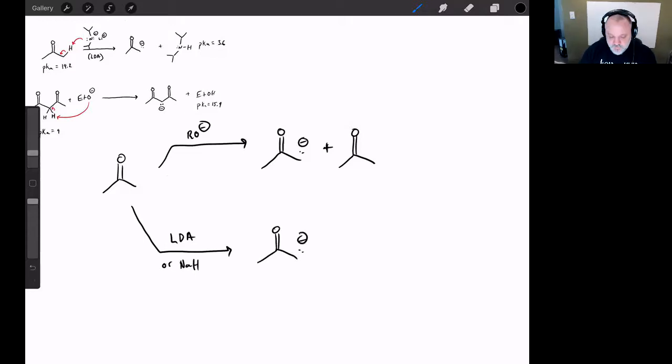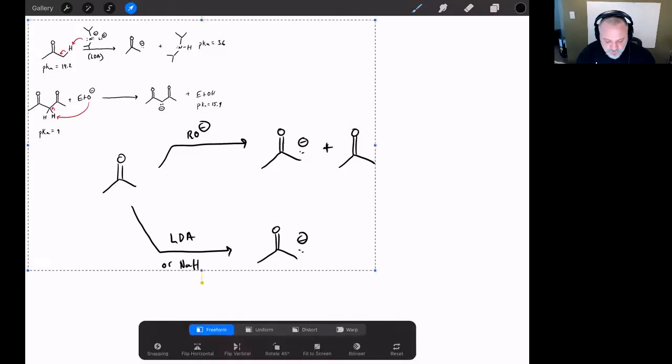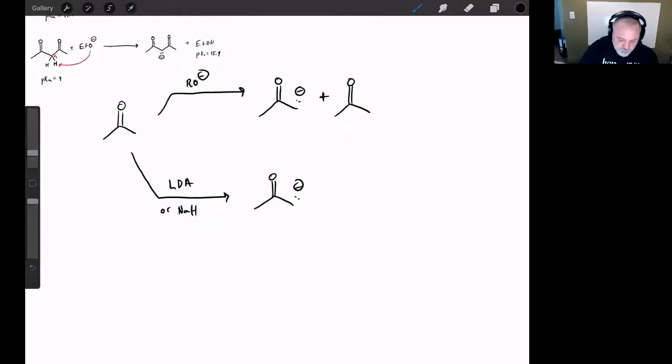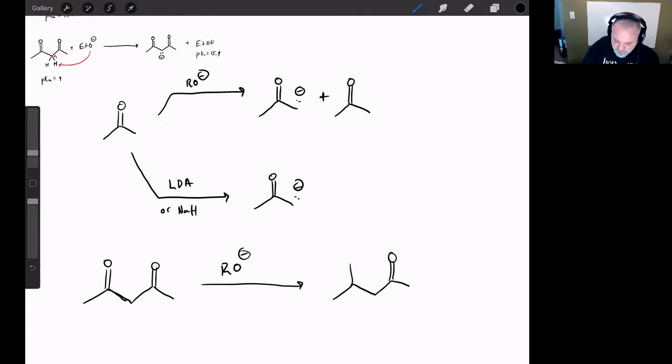And that's going to have some consequences on the chemistry. Now, one last little thing to remember is that if I end up with a ketone like this, then I can use that weaker base to irreversibly form this enolate. And LDA, sodium hydride, is not needed in this case.